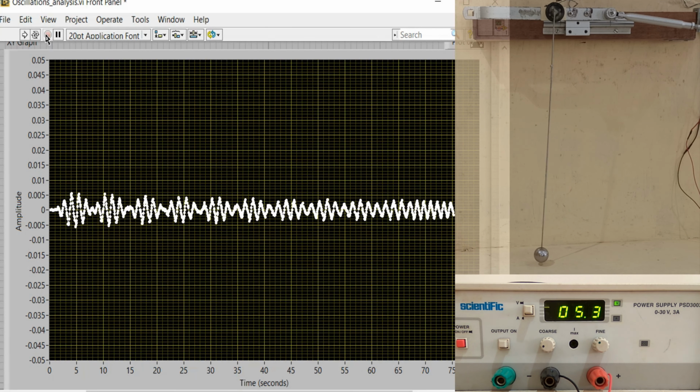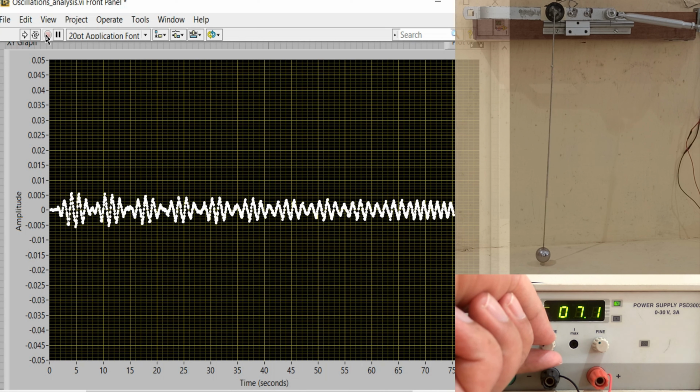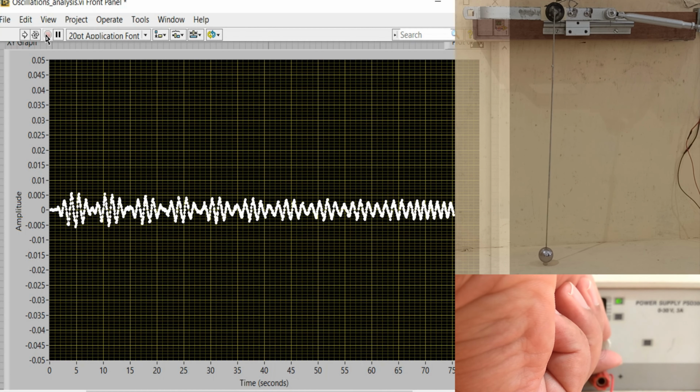Now we will set it further, let us say around 5.8 or 5.7. Let us see what happens here. For this position, we run the program and switch on the oscillator.